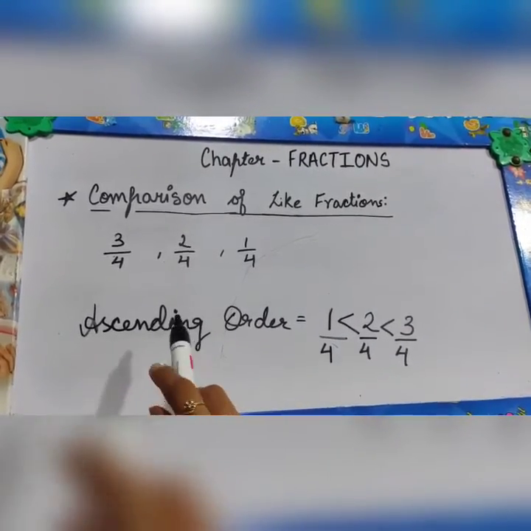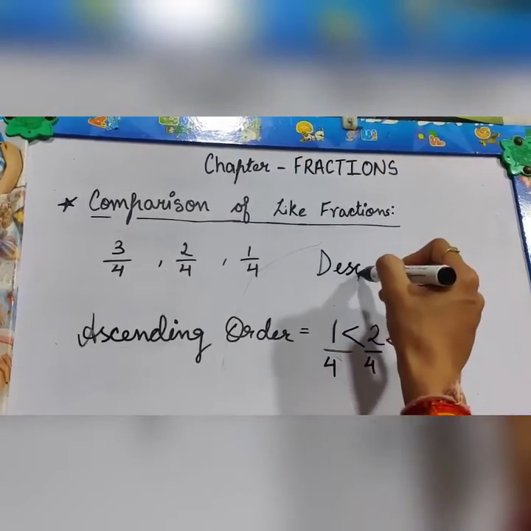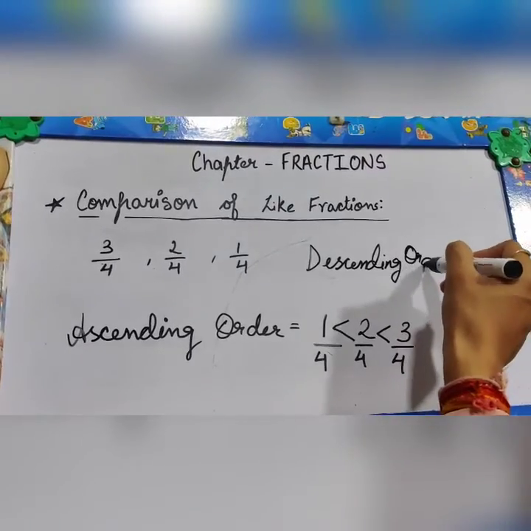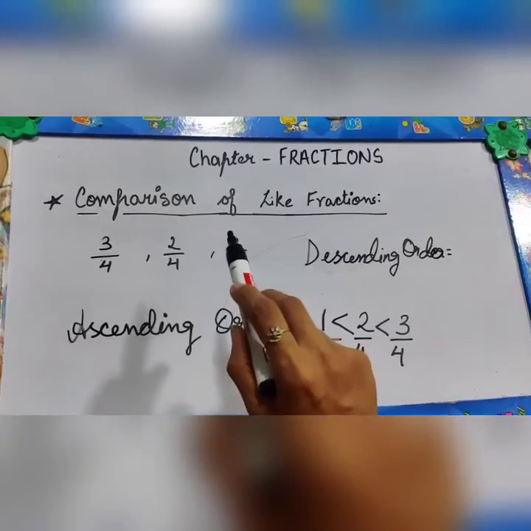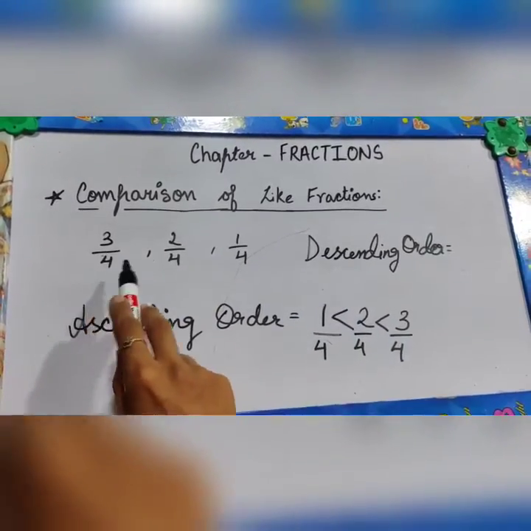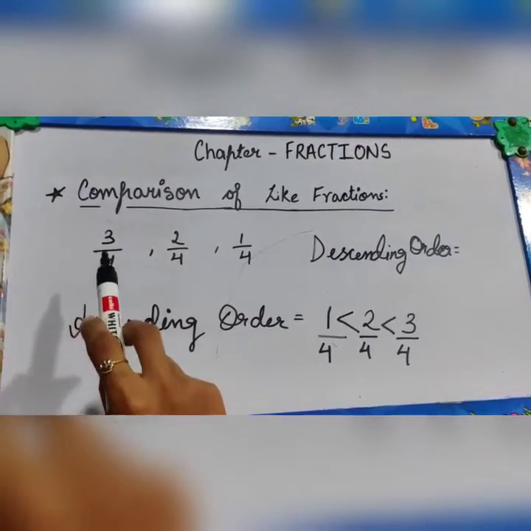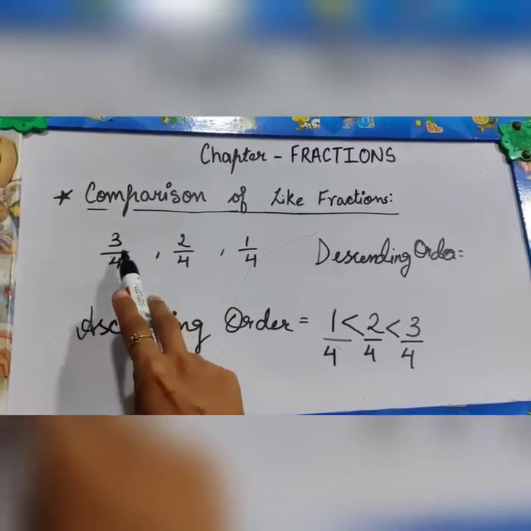Let us arrange the same numbers in descending order. Descending order is from greatest number to smallest number. As denominator is same, we will not do anything with it. We will check numerators. The greater number among them is 3.